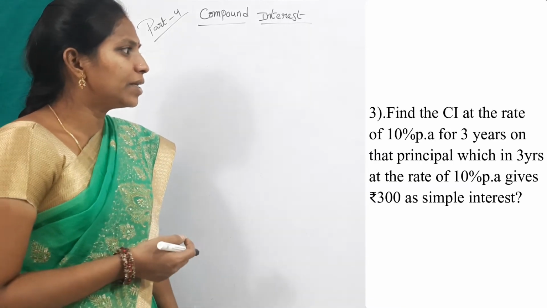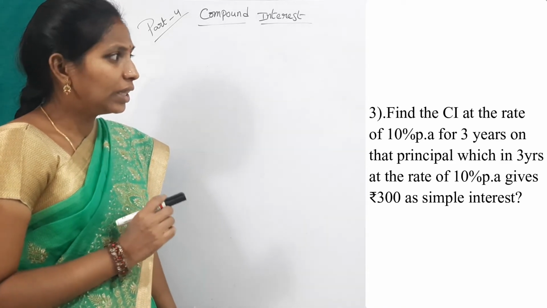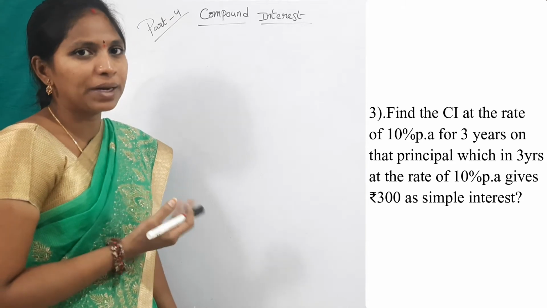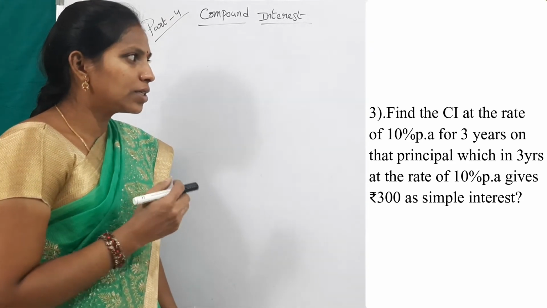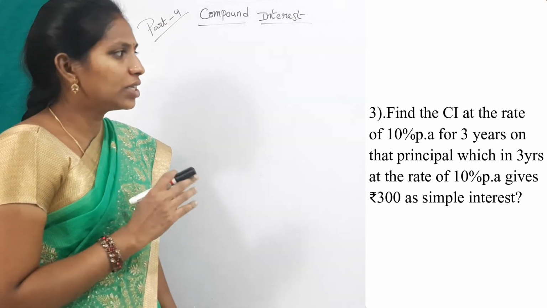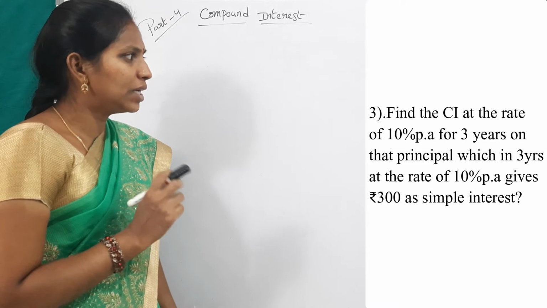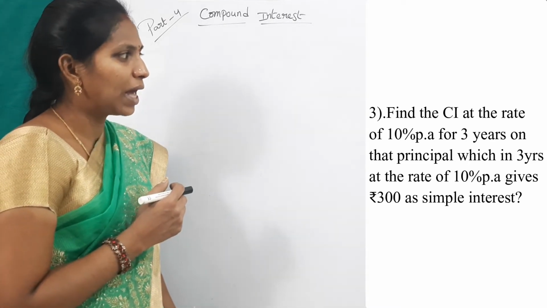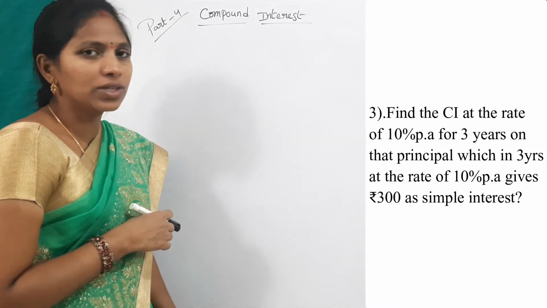Find the compound interest at the rate of 10% per annum for 3 years, on that principal. We don't know what the principal is. On that principal, in 3 years at the rate of 10% per annum, the same rate of interest, gives 300 as simple interest.